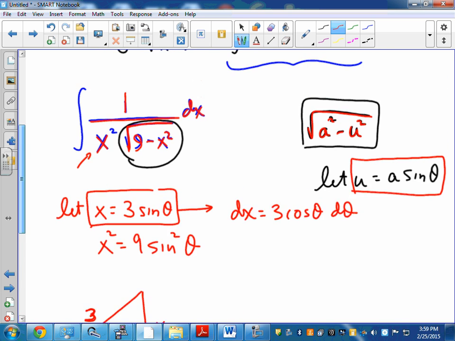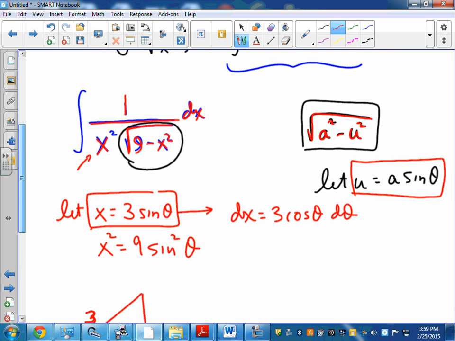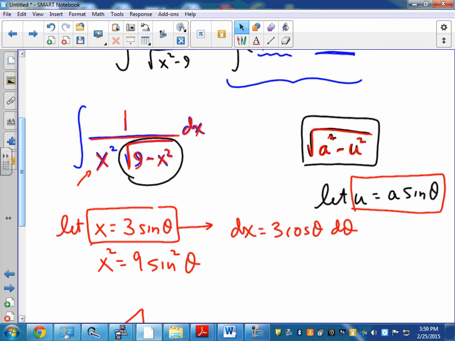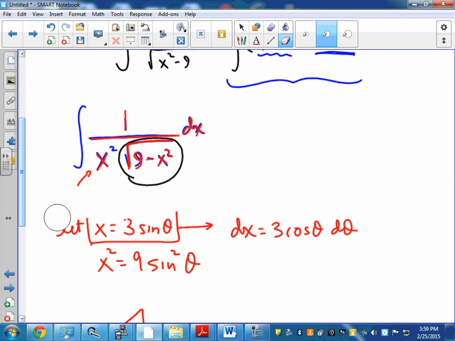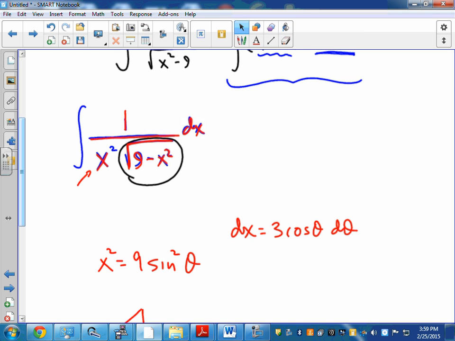Okay, now, we've done a whole bunch of stuff, but we haven't really changed the problem. We are now going to change the problem around, and I'm going to pin down all the things that we've said. We know that x squared was 9 sine squared theta. We know that dx was 3 cosine theta d theta.